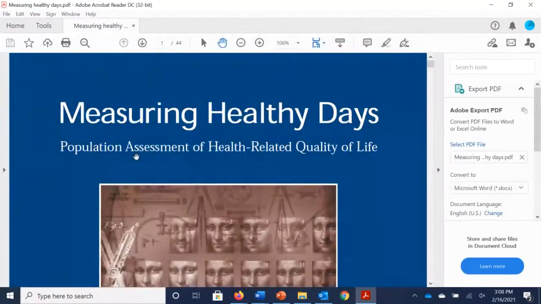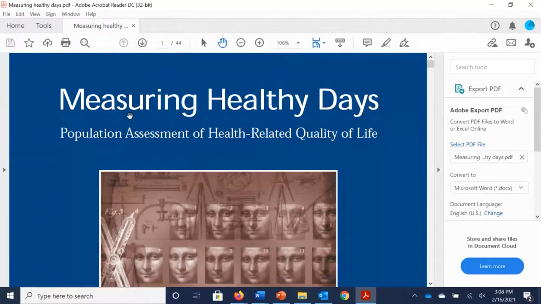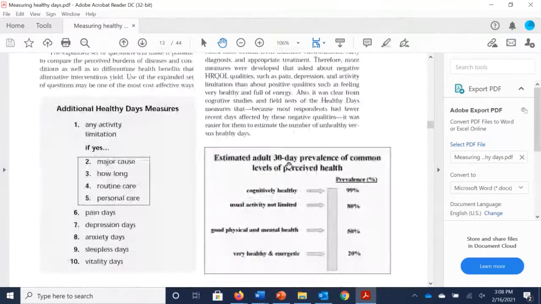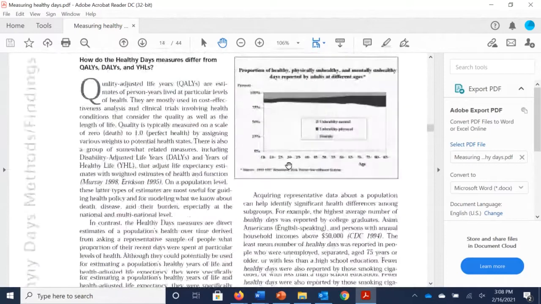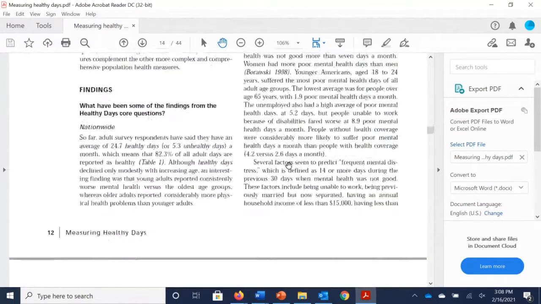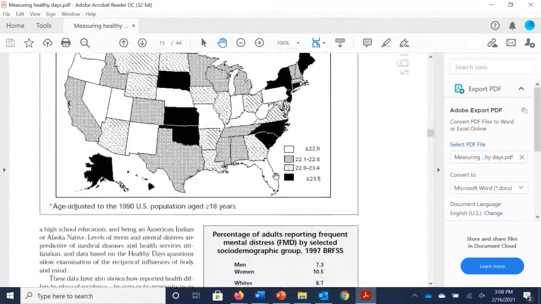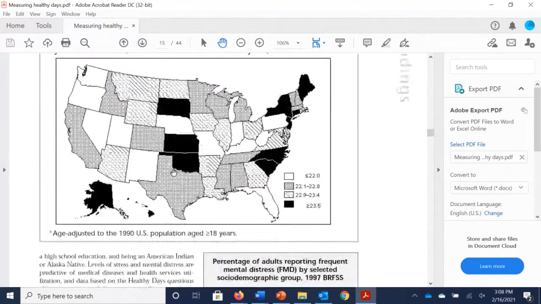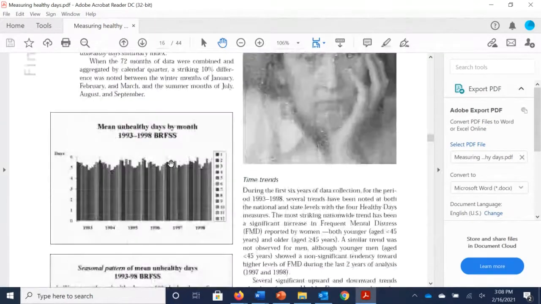Now when you open the document, it's going to open up this big document called Measuring Healthy Days. It's 44 pages, and again, you can go through this on your own, but starting on page 12, here's 11, here's 12. So starting on 12, you're going to start seeing some statistics and data. So here are the number of healthy days amongst adults with less than a high school education.